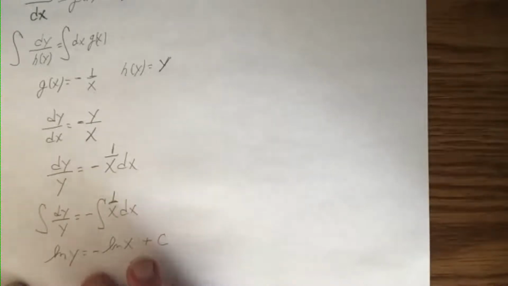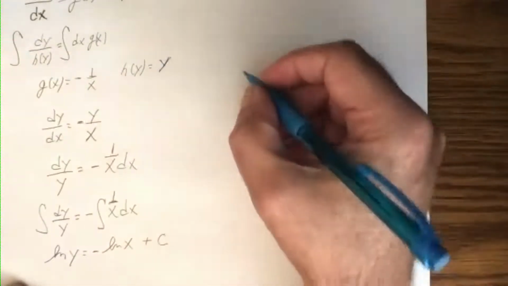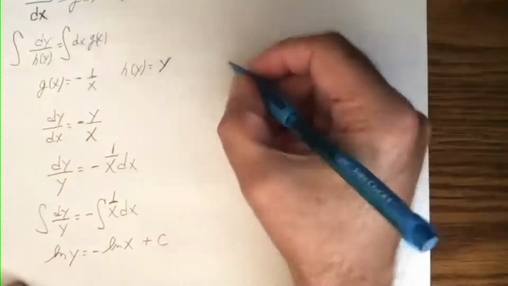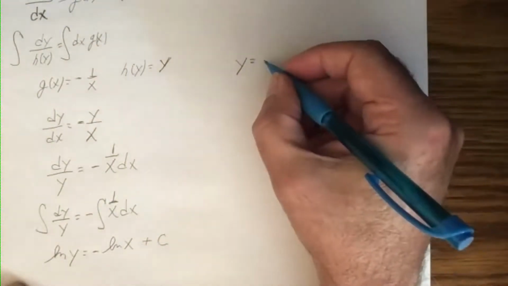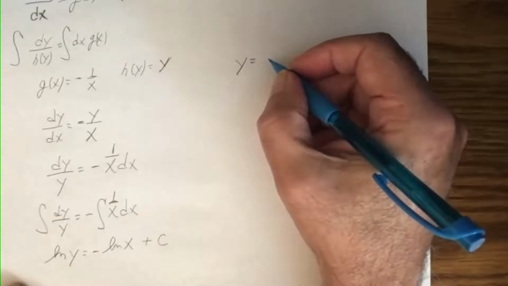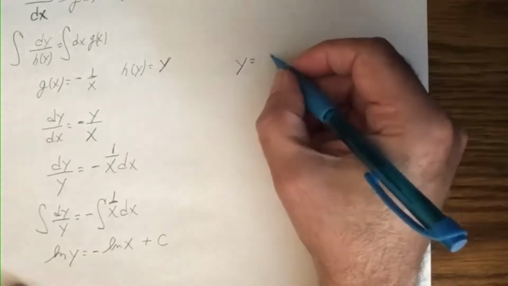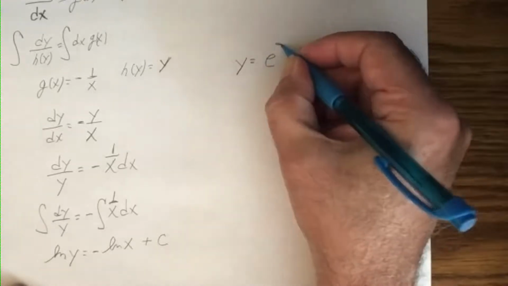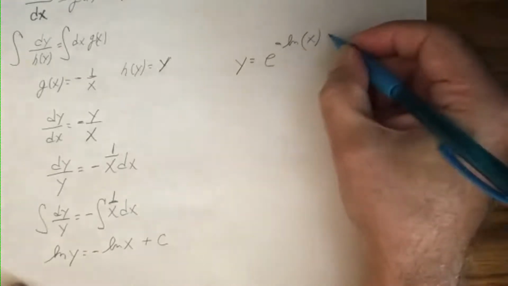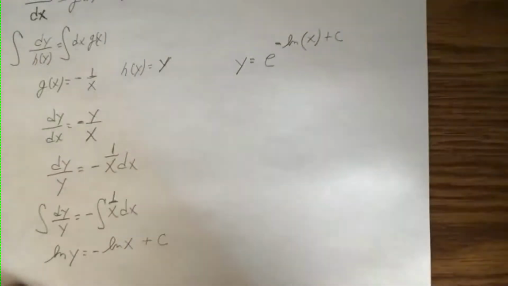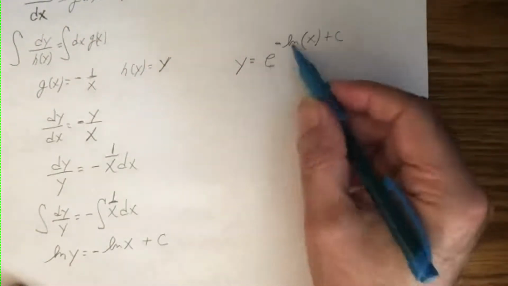If I solve this for y, I take the exponential of both sides, and I'm going to get y is equal to, let's see, I may do it a little bit differently. Let me write it as y is equal to e to the minus natural log of x plus c. Now these are not the inverse of one another.